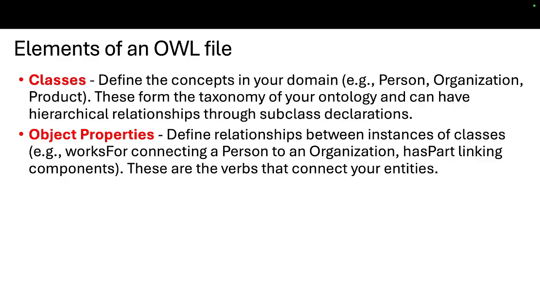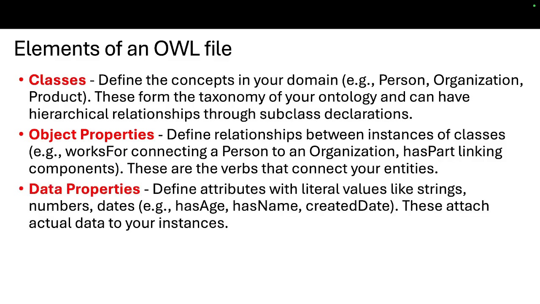These define the relationships between the instances of classes. For example, works for, which connects a person to an organization. In this case, works for is an object property of the person class. Has part, which can link the components. Essentially, you can think of these as the verbs that connect your entities.